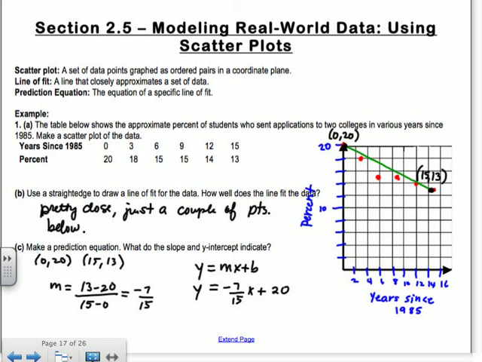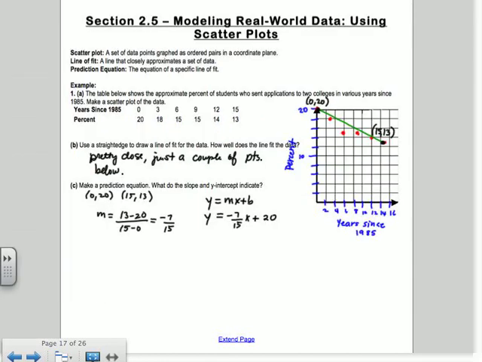Yeah, so it's the amount that the percent of applicants is decreasing. So it's the rate that the percent is changing or decreasing. So that's your slope.